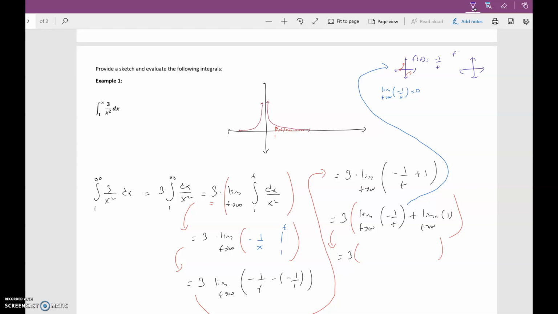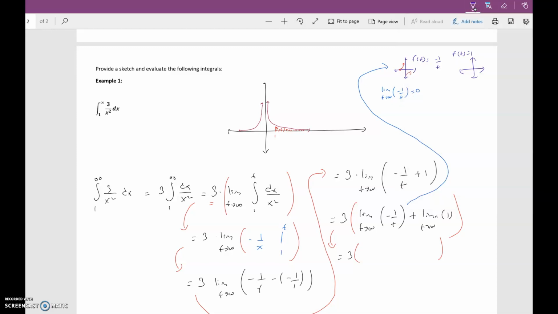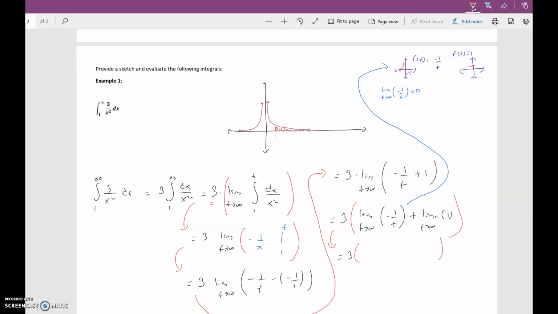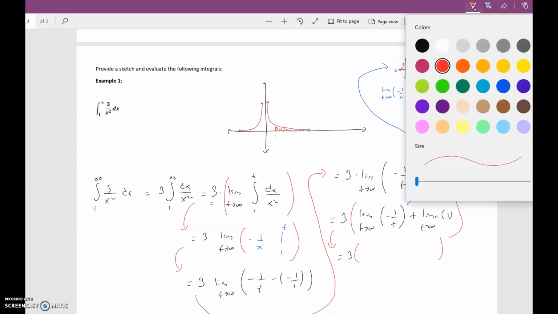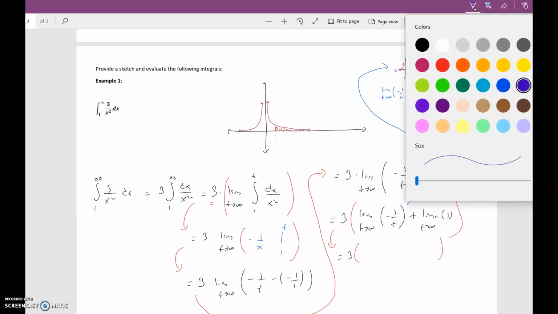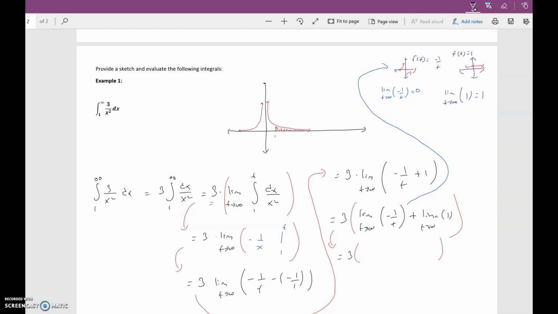For the second one, you're just going to have that f of t is equal to 1. So it's just going to be a horizontal function towards the right. Therefore the limit as t approaches infinity of 1 is equal to 1. Therefore, you can justify that at this point, the first one is 0 plus the value of 1, and we end up with 3.